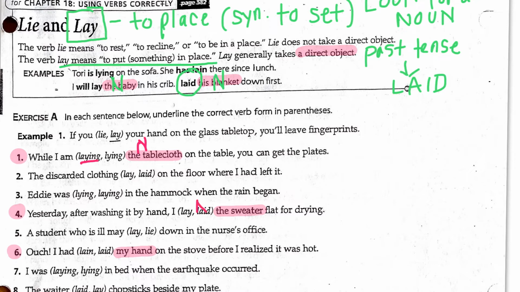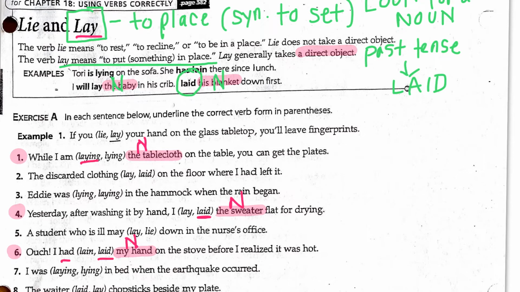So I laid the sweater. Put that noun in the wrong place, sorry. That's my verb. But I laid the sweater flat for drying. And then notice here it's even I had laid my hand on the stove. So it's really any time that I'm going to see a noun directly following not my sit set choice, but my lie lay choice. This time I'm going to use the verb lay.